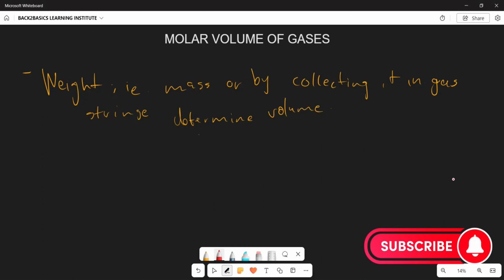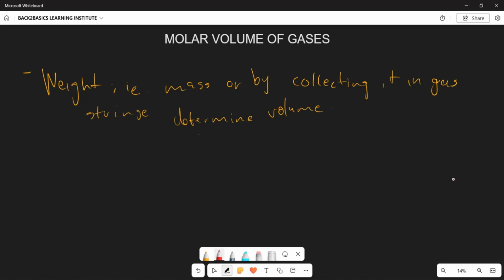So that's what we need to know. It is probably easier to determine the volume and then convert it into the number of moles and the mass by using Avogadro's findings. It is almost easy for us to do that.